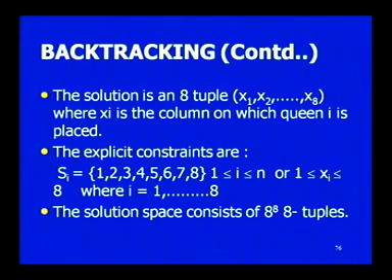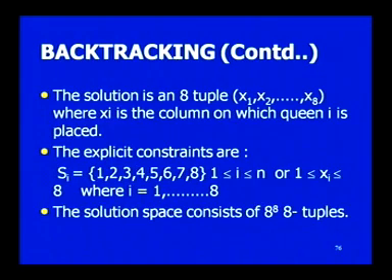That means a queen can be placed into any part of the chessboard. So, 8 power 8 different 8 tuples are possible. This is a very large number. So, if we start searching for the answer in this particular tuple, then it may be a very costly affair.